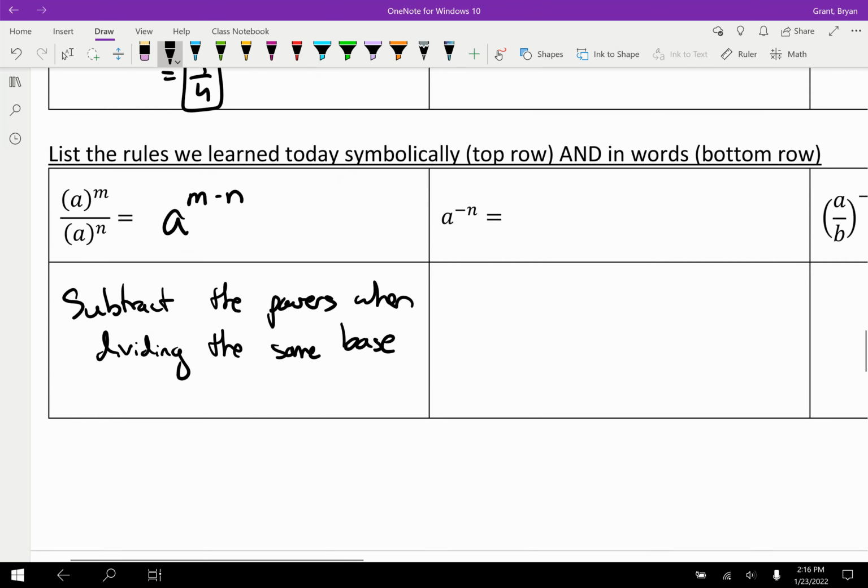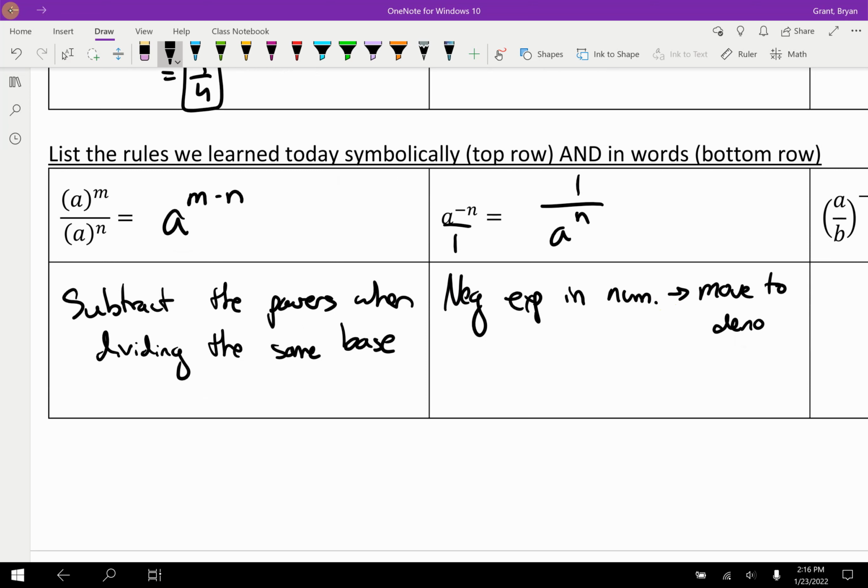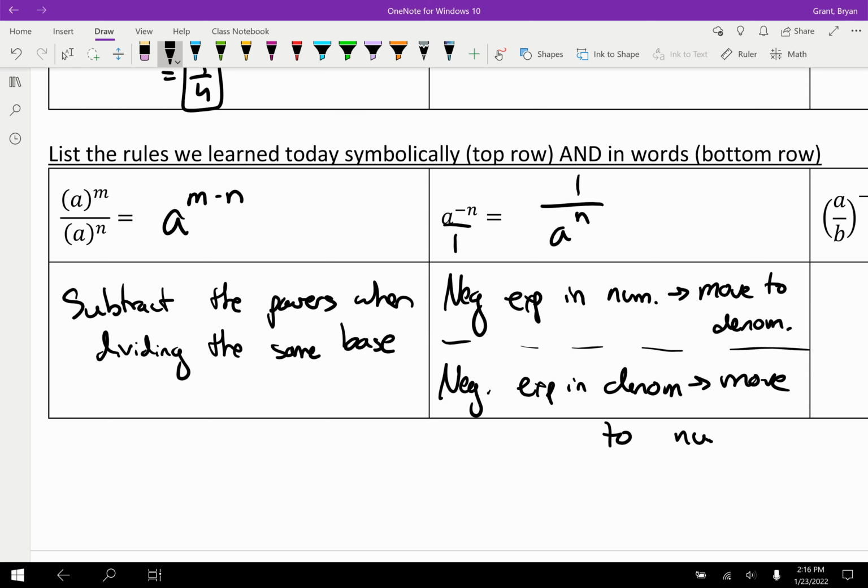All right, a to the negative n, well, we've seen this before, this becomes 1 over a to the n. Yep, and so I'm actually going to say negative exponent in numerator, because this is over 1, right? Numerator, move to denominator. However, if you have a negative exponent in the denominator, move to the numerator.